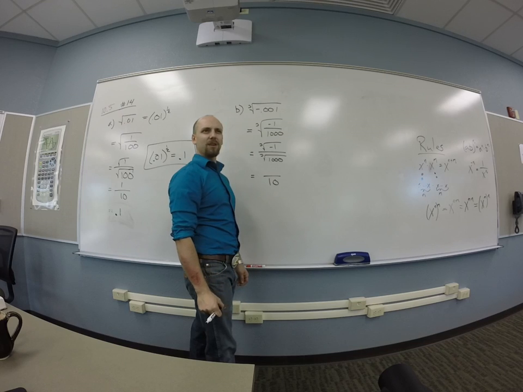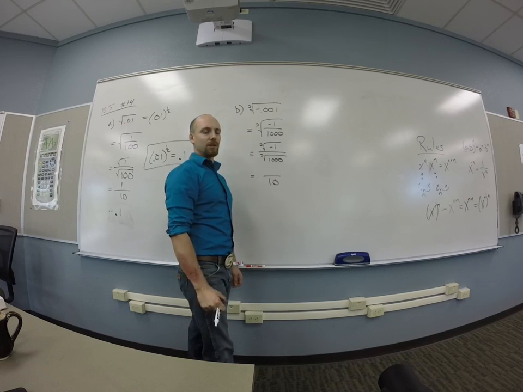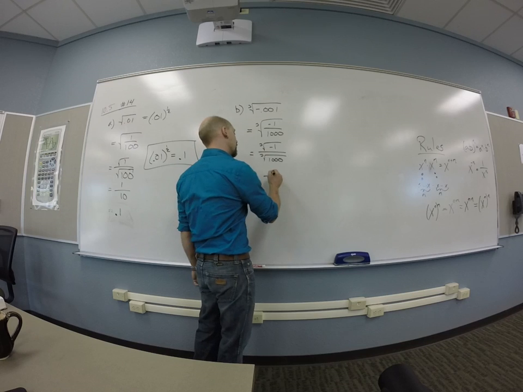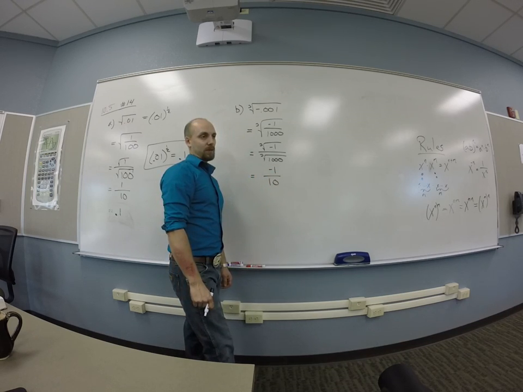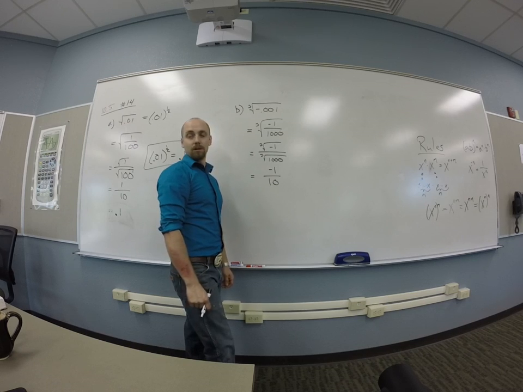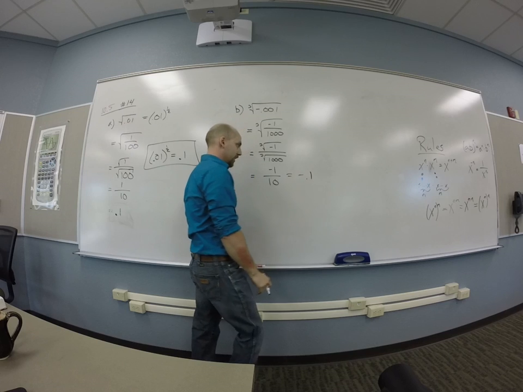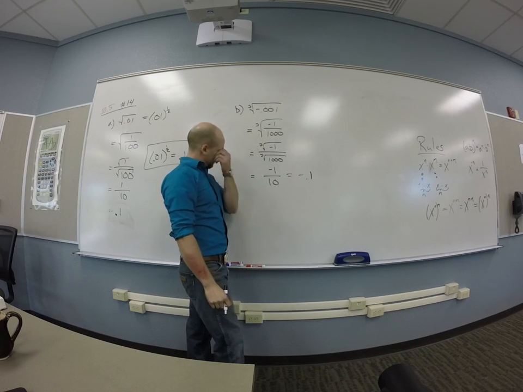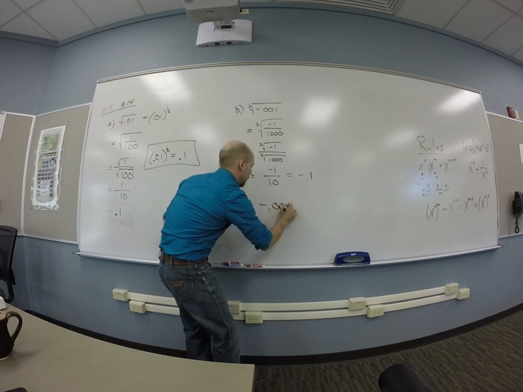What do I cube to get negative 1? Negative 1. Does that make sense? Yeah. Why am I allowed to do that? Because it's a cube, because it's an odd power, so I can take it. I can actually evaluate that. Okay, negative 0.1. So negative 0.001 to the 1/3 is negative 0.1.